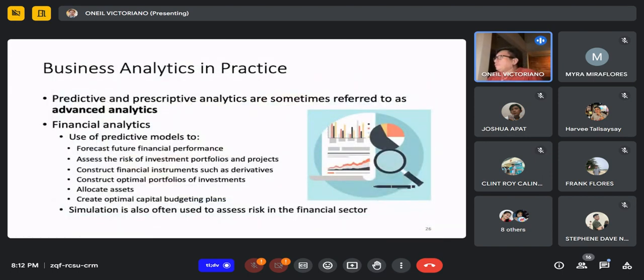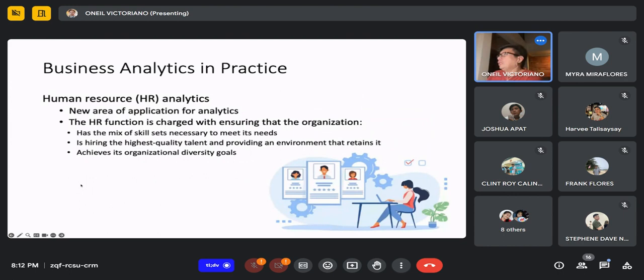Okay, so in predictive analytics, these are some use cases. For example, in financial analytics, there's prediction of future financial performance, assessing investment portfolios and projects, constructing financial instruments, etc. We have other examples like in HR, where the function would have the mix of skill sets necessary for its needs.